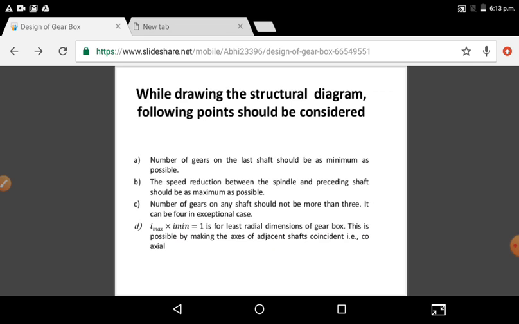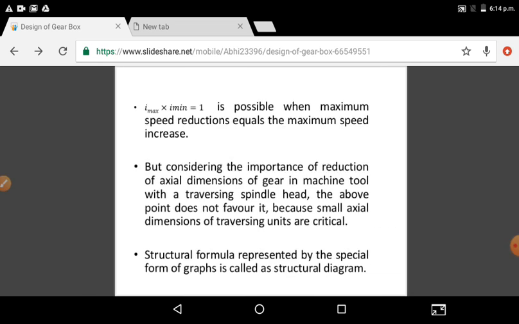Imax into Imin equal to 1 is for the least radial dimension of the gearbox. This is possible by making the axes of adjacent shafts coincide. Imax into Imin equal to 1 is possible when the maximum speed reduction equals the maximum speed increase, right?